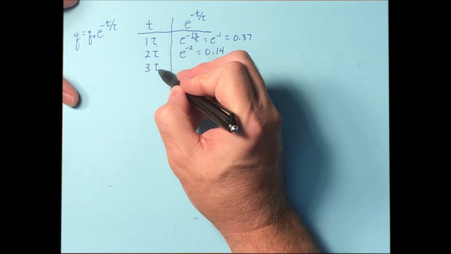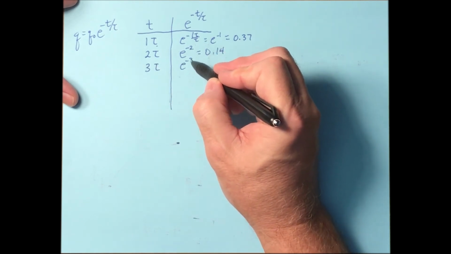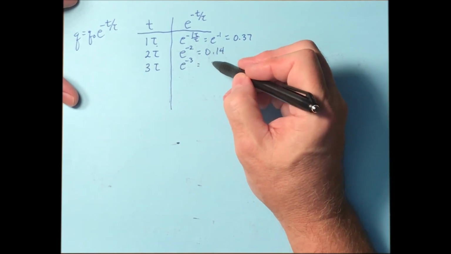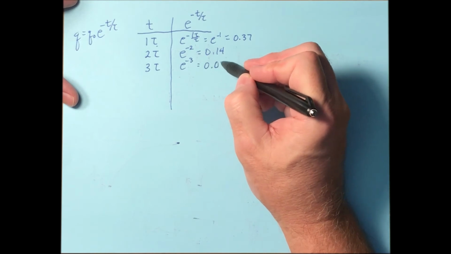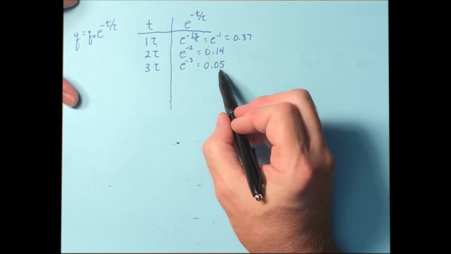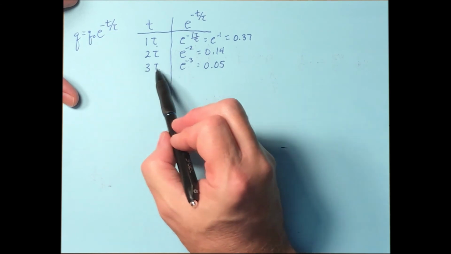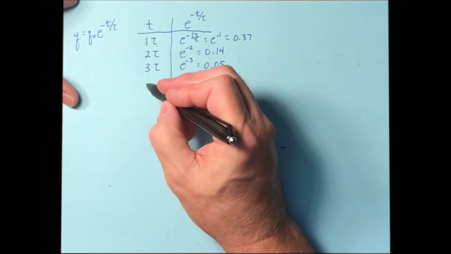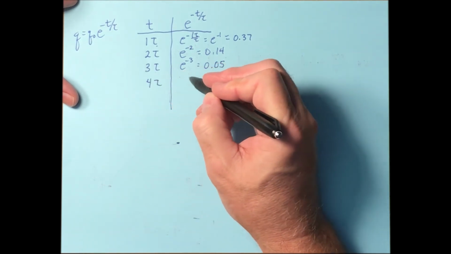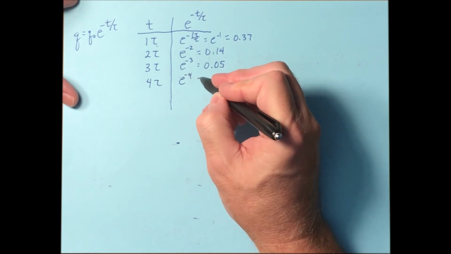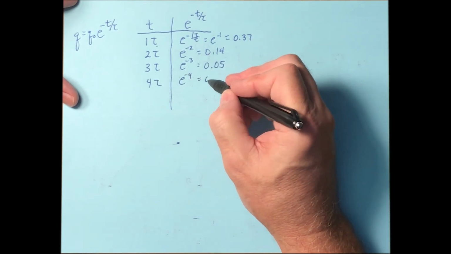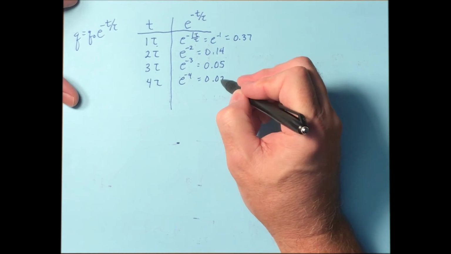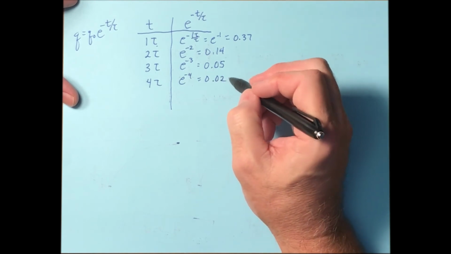After 3 tau of time, e to the negative 3 is 0.05. So now we're down to 5% of its original value after 3 tau of time. What about 4 tau? 4 tau, e to the negative 4, turns out to be 0.02. So we're down to 2%.